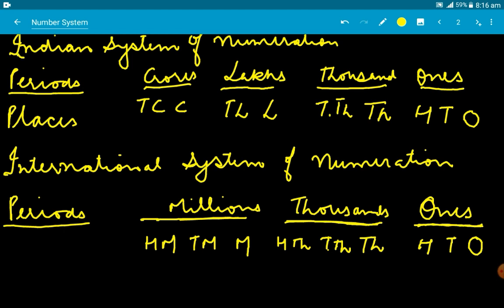In Indian system, we have ones, tens, 100, 1000, 10,000, lakh, 10 lakh, crore, and 10 crore. But in international system, we have ones, tens, 100, 1000, 10,000, 100,000, million, 10 million, 100 million. These are the places.